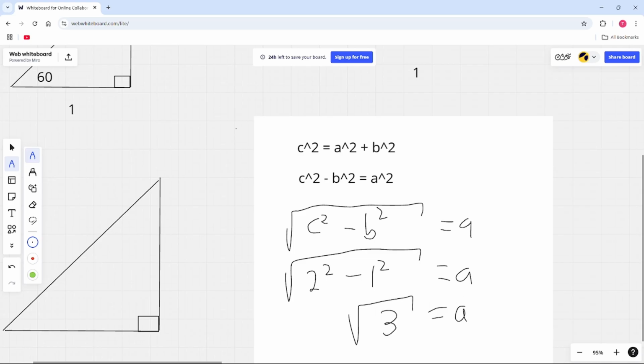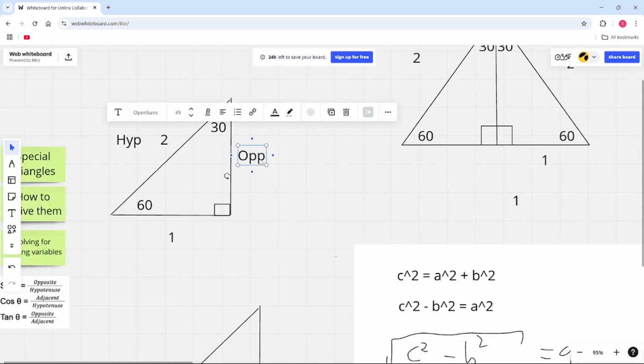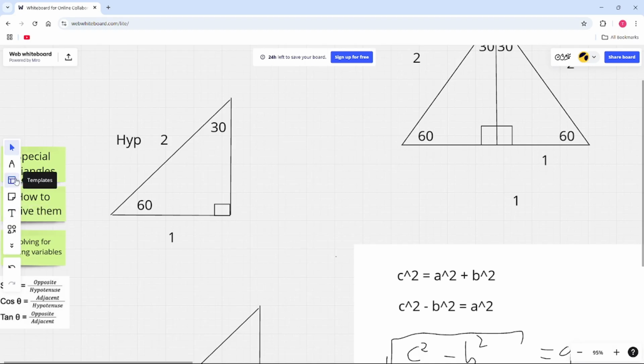Now just keep it as root 3, as decimals are essentially rounded values. So they won't give you the exact value that your teachers would want. So in this case, this side length is equal to root 3.